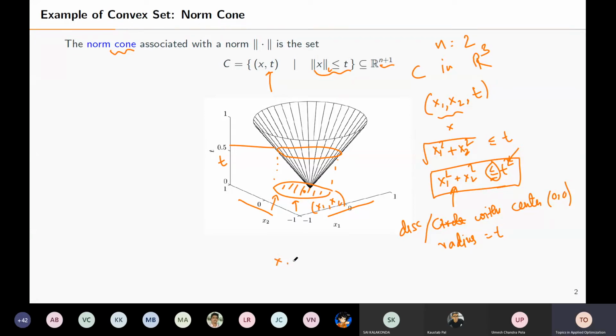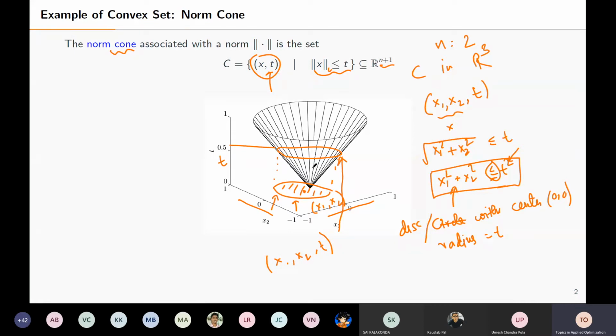For the moment these are (x1, x2) that lie on the x1-x2 plane. But if I append t also, then I give it a height, so these points move up in 3D. That's what these points (x, t) mean.